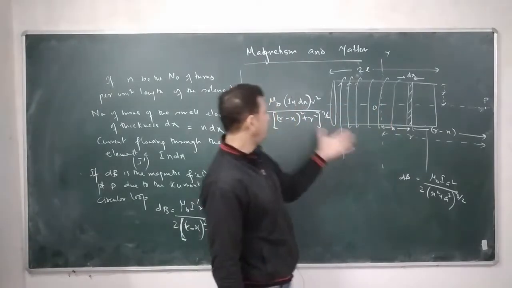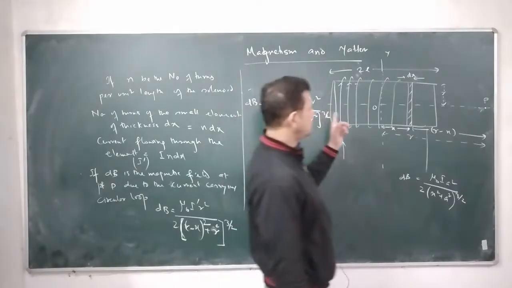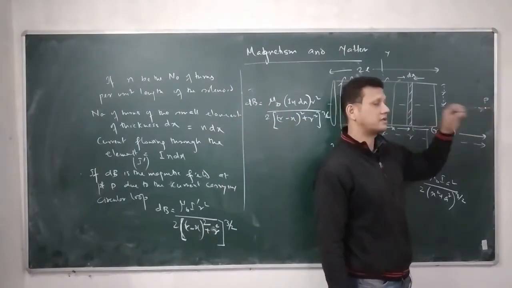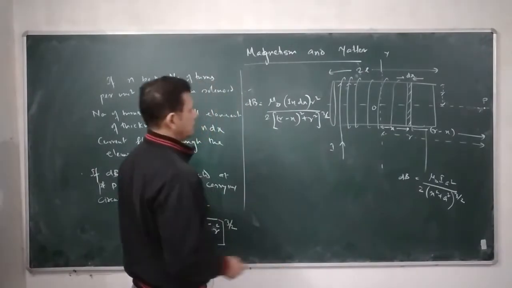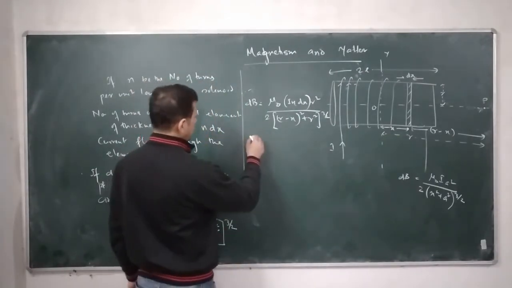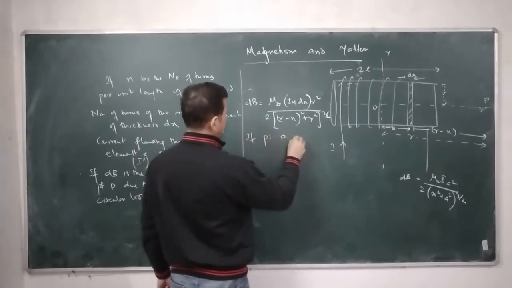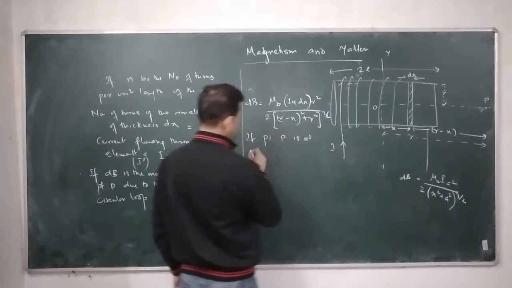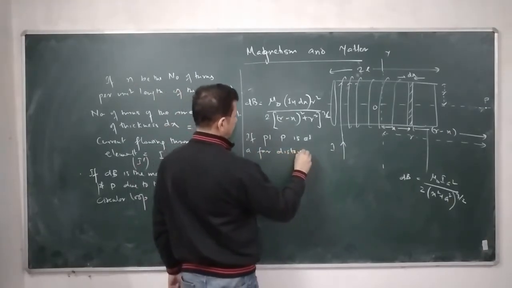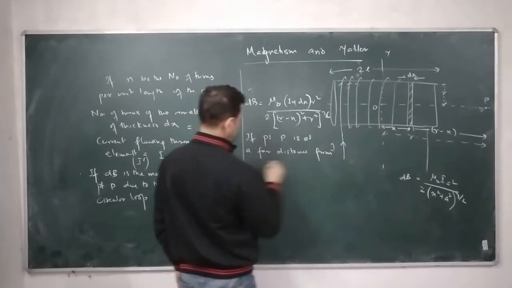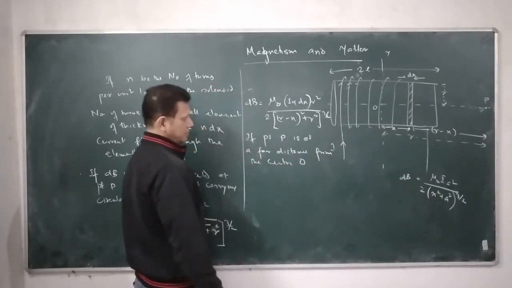In order to make this equation simple, you just need to consider the point P lying somewhere at a very far distance from the center O.